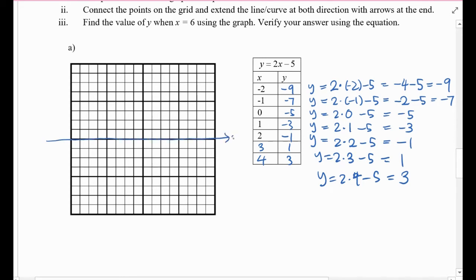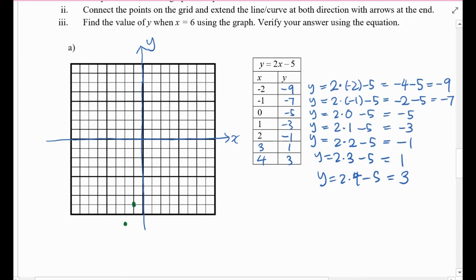Here's the x-axis, and here's the y-axis. Now we're going to plot it. Negative 2 comma negative 9. This is a little bit outside of the grid. Negative 1 comma negative 7 is here.